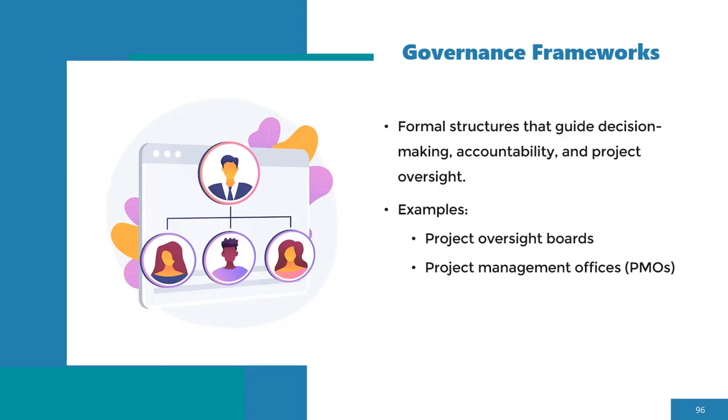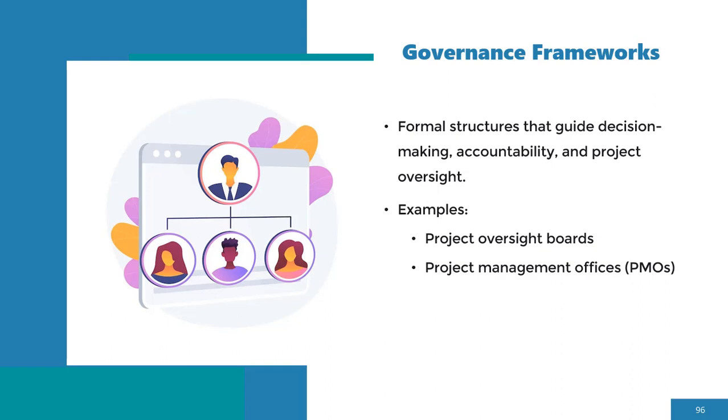Examples of governance framework include project oversight boards. For every project you have what we call an oversight board. That is a group of people or a management team that oversees the project, manages changes within the project, and approves decisions that are made in the course of the project.